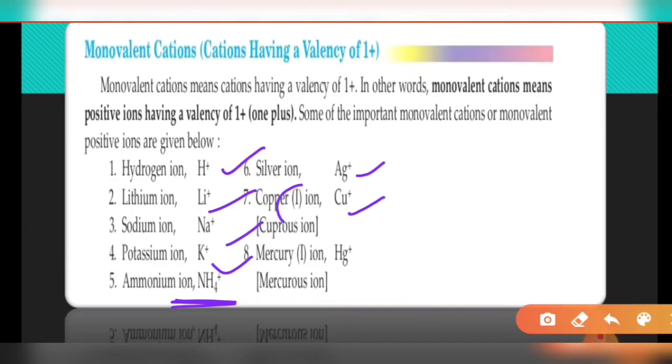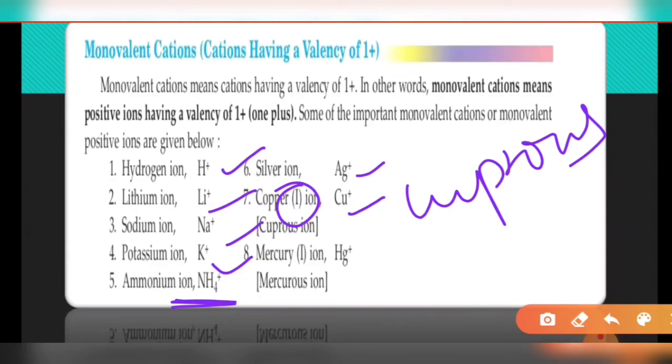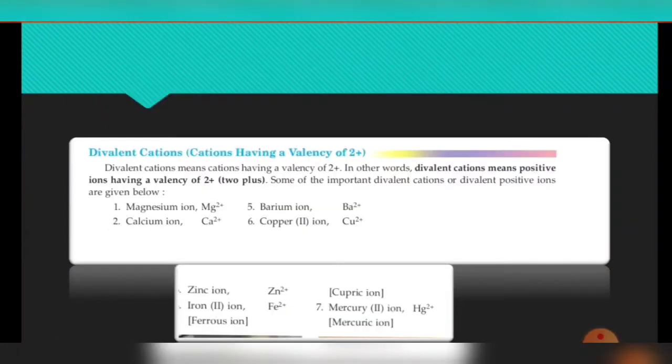Copper first is there; if their name is cuprous, then it is considered to have +1 valency, and similarly first is written here. Why 1 or 2 is written in their name, we'll learn more about it, because they show more than one valency, that's why their name has been written with the first and second thing.